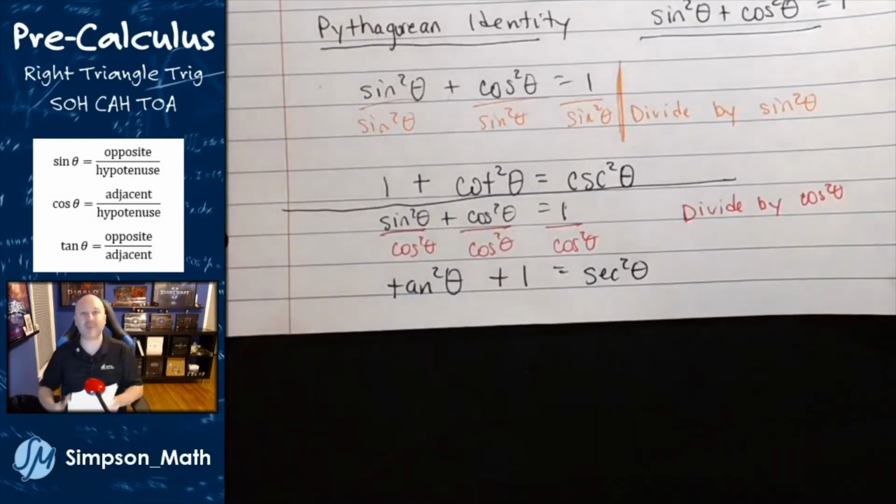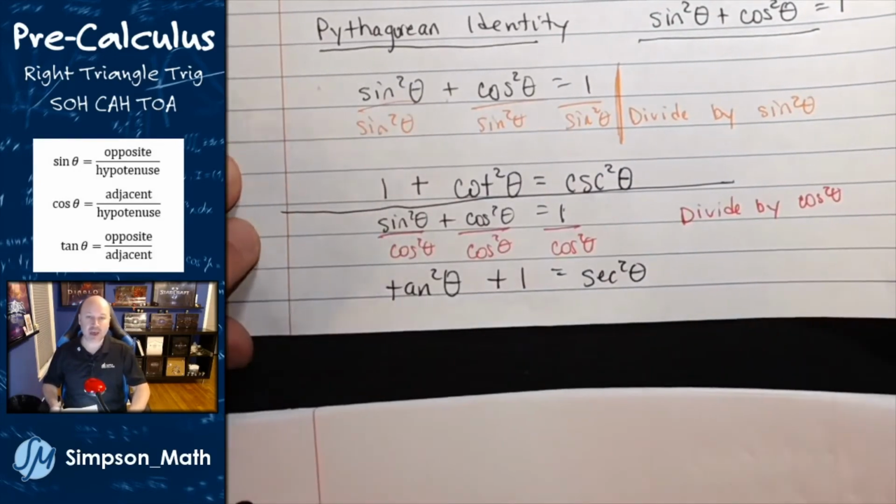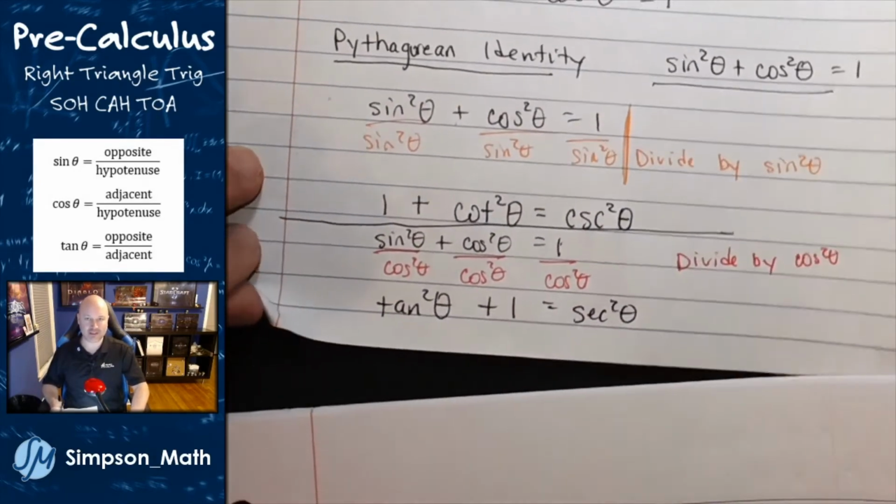There are 3 of these Pythagorean identities that we need to be very comfortable with and familiar with and have memorized, basically.